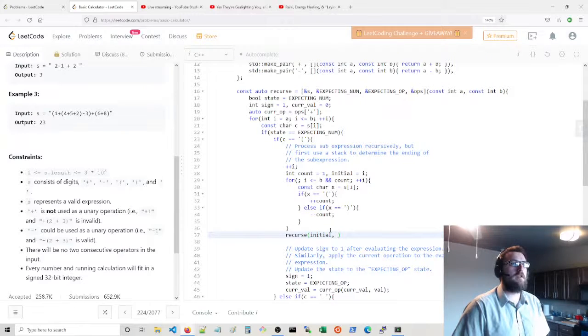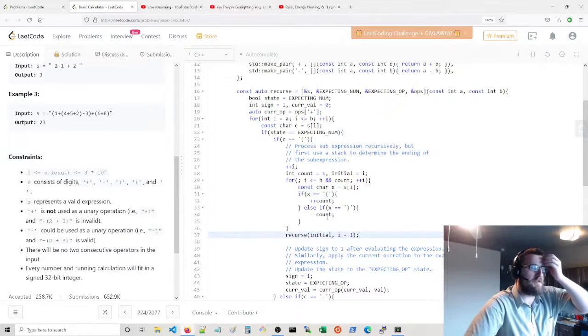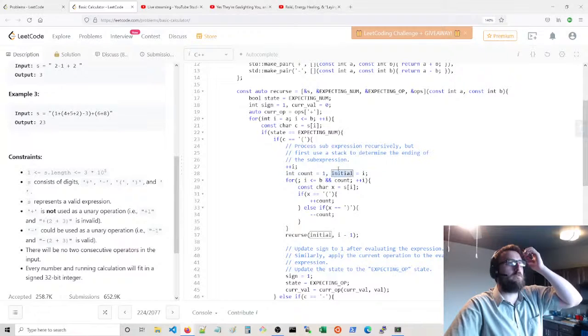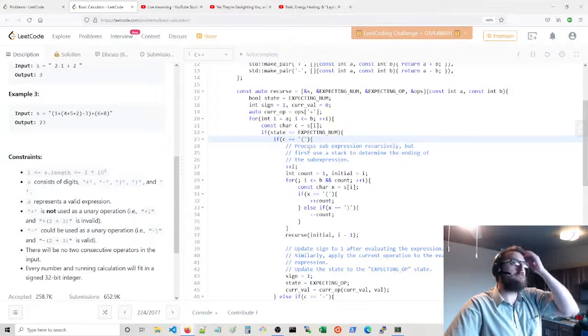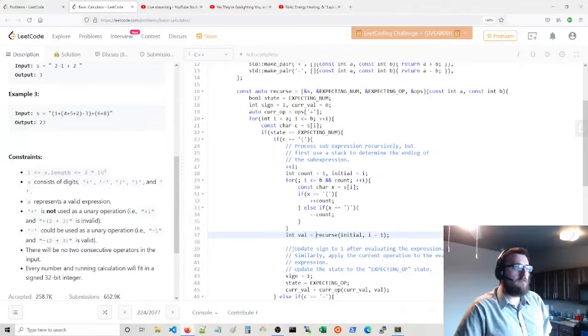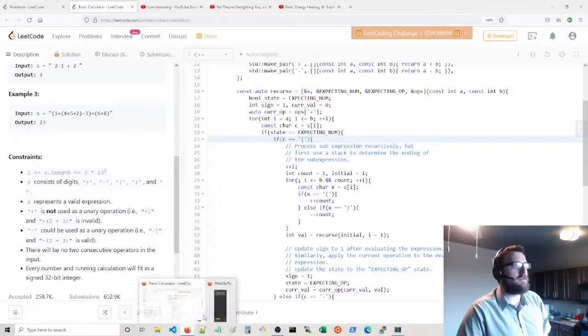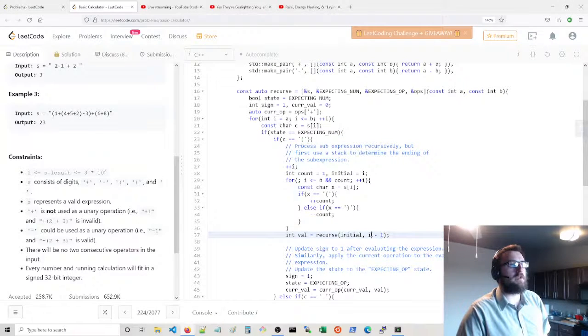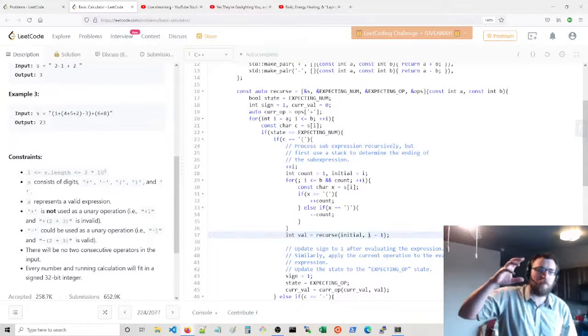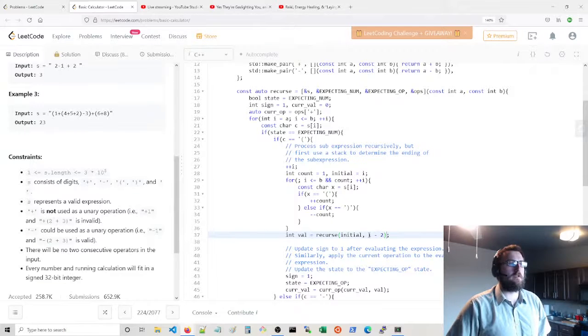And we're going to say recurse on initial, and I guess it'd be i minus 1. What's also interesting is this initial value moves past the opening parenthesis. We're going to say int val is going to be recurse on this opening parenthesis, and this is actually going to move past the closing parenthesis, but we actually want to go back behind the closing parenthesis by 2 characters.